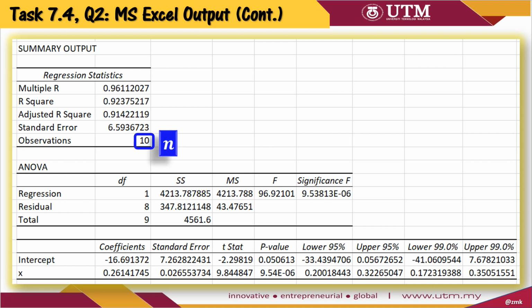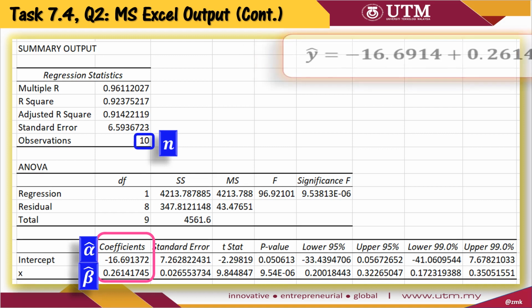The coefficients here are the estimated intercept alpha hat and the estimated slope beta hat respectively. Therefore, the fitted or estimated regression equation can be written like this.